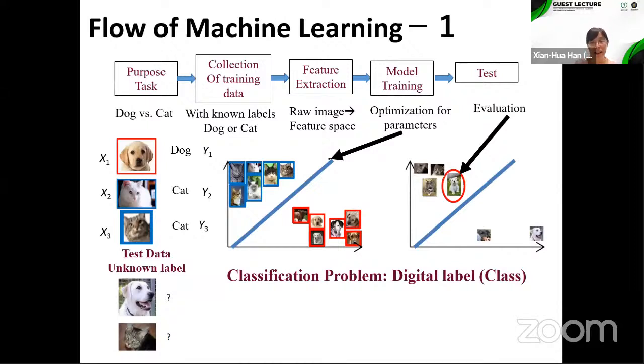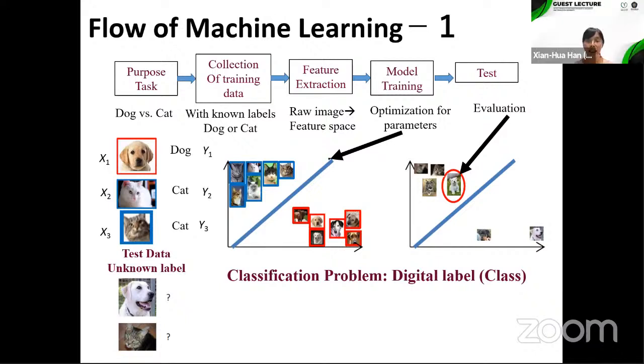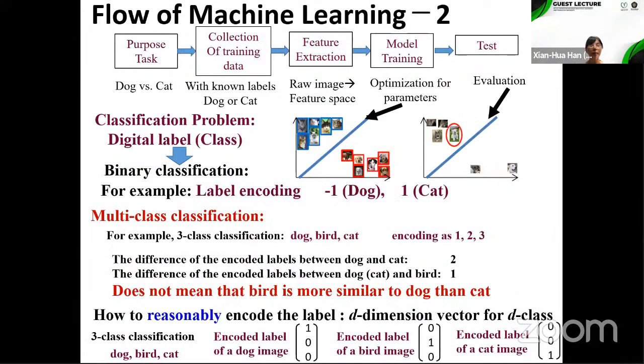Another thing, because the label such as dog and cat is text, in order to conduct mathematical operations, we can't use the text information directly. We also need to transform the text labels dog and cat into digital numbers.